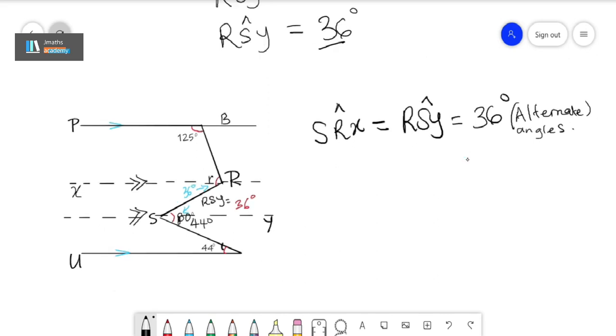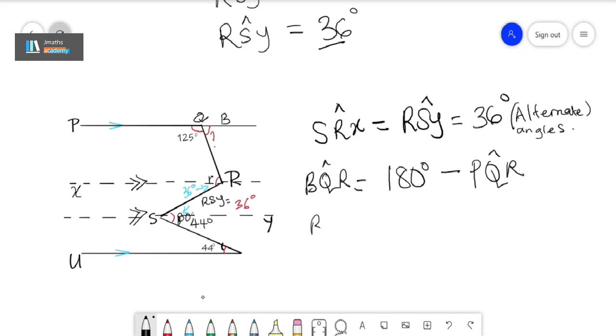From our question, we have here to be Q. So for angle BQR, which is this angle, we have 180 degrees minus the angle PQR.